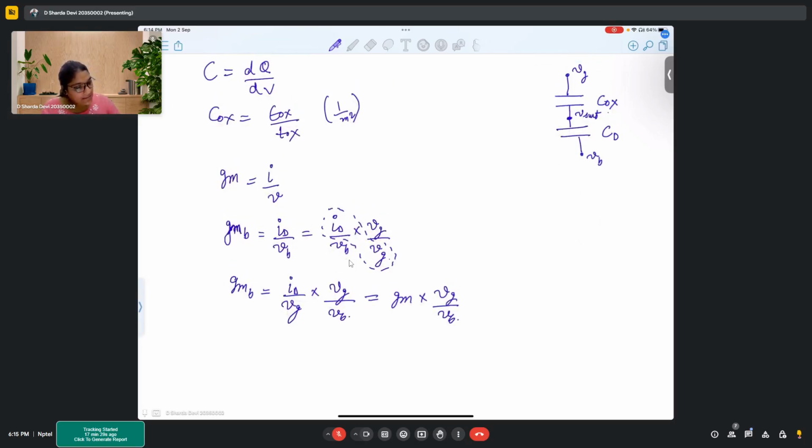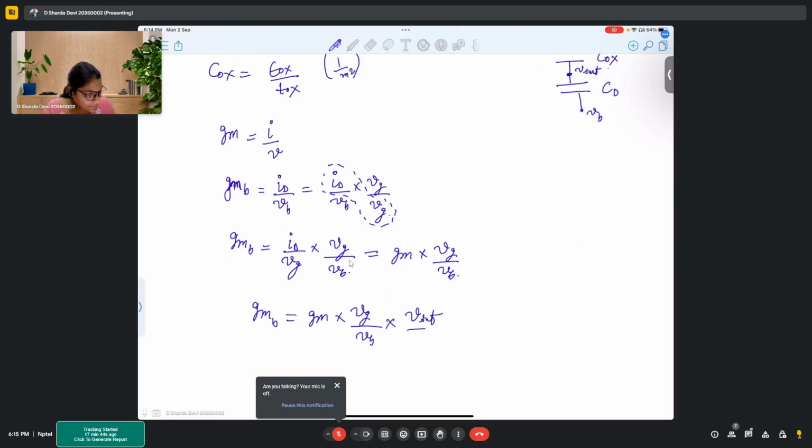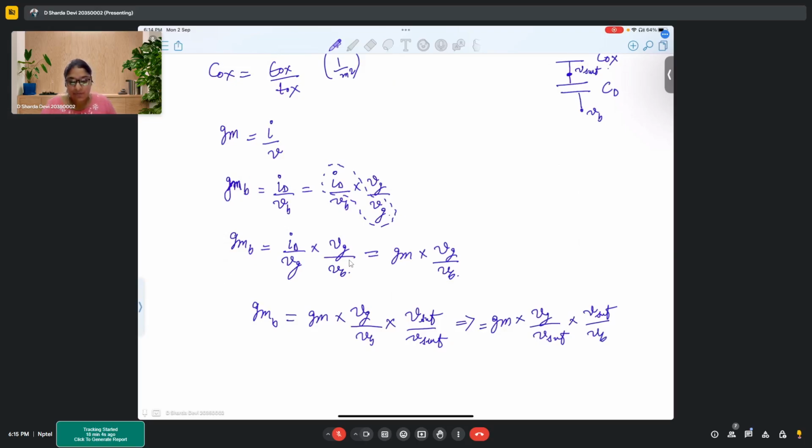Now we know that there is another potential, that is V surface, present between VG and VB. So let's introduce that as well. So this is GM into VG upon V surface into V surface upon VB.